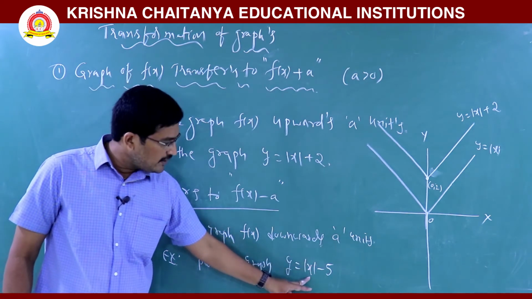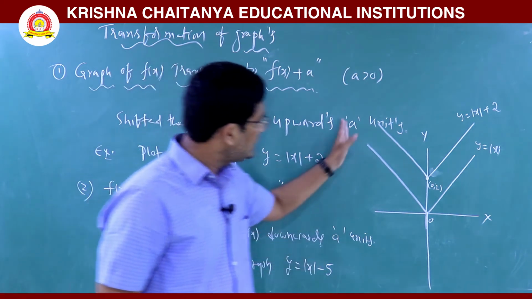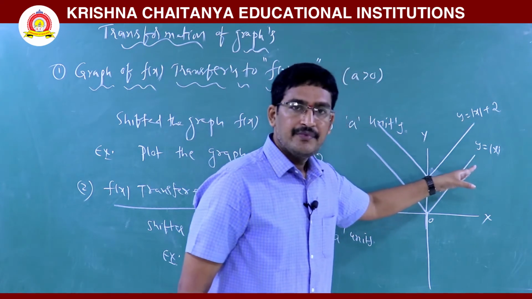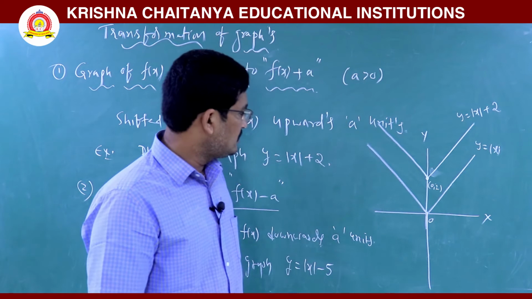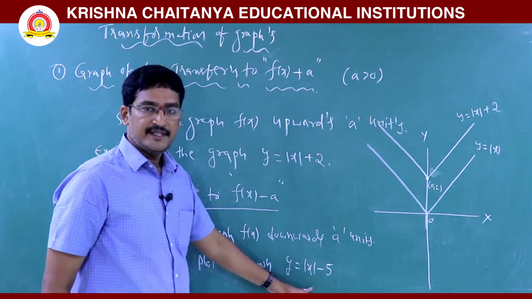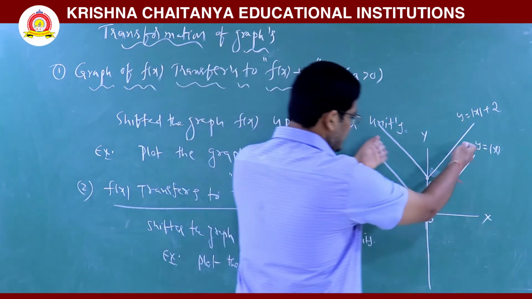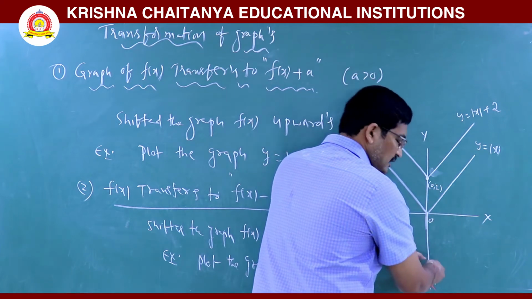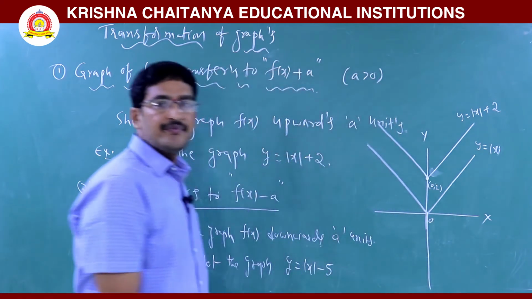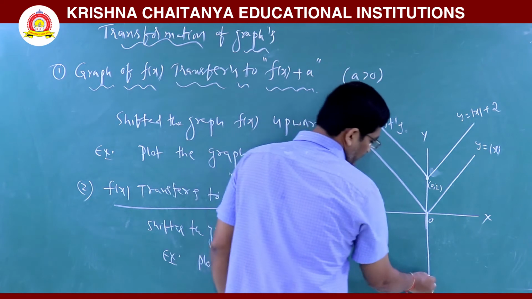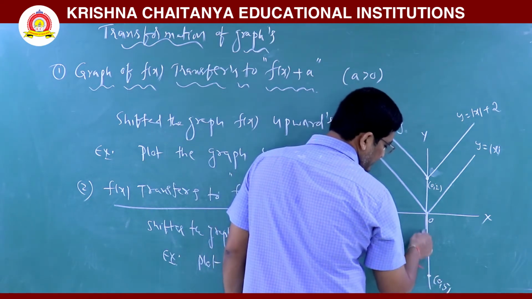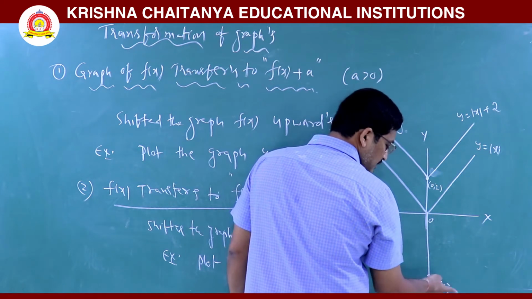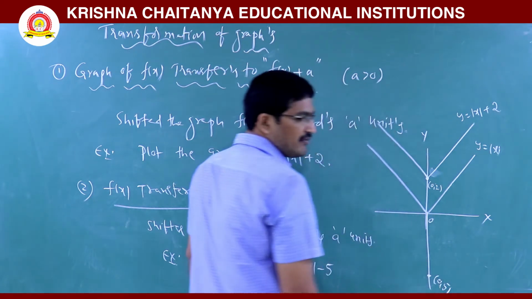To get the graph of mod x minus 5, you just have to shift the mod x curve downwards 5 units. Okay, we have to shift this curve downwards how many units? 5 units. So suppose there is a point which is at a distance of 5 units from the origin. You know what the point is here? (0, 5).